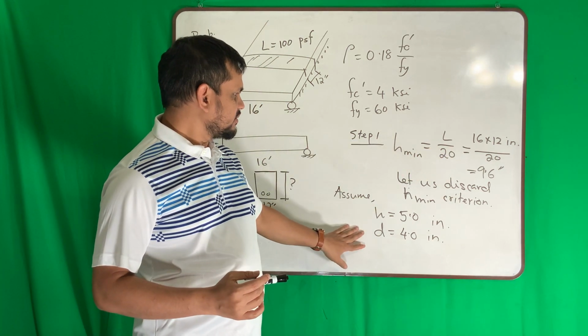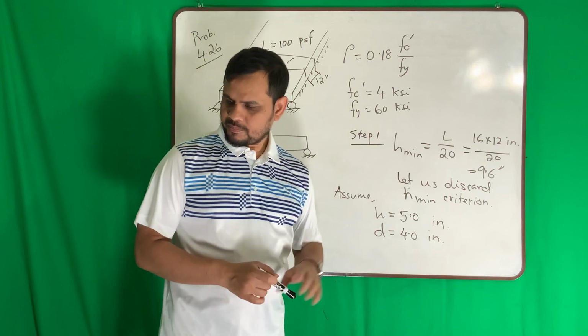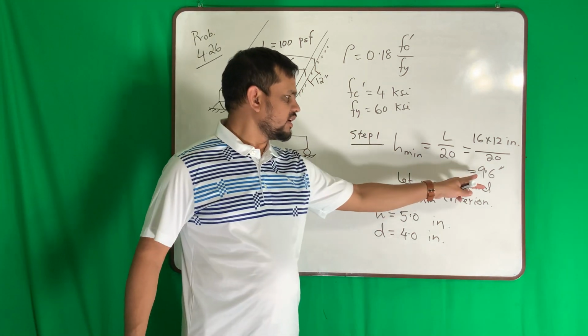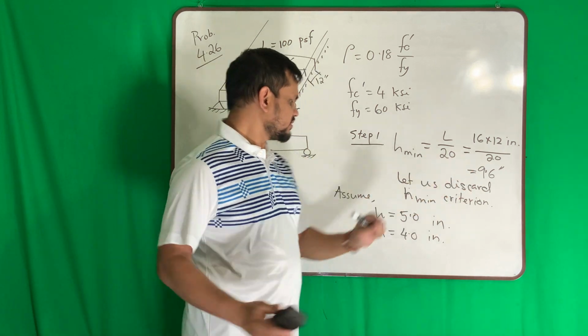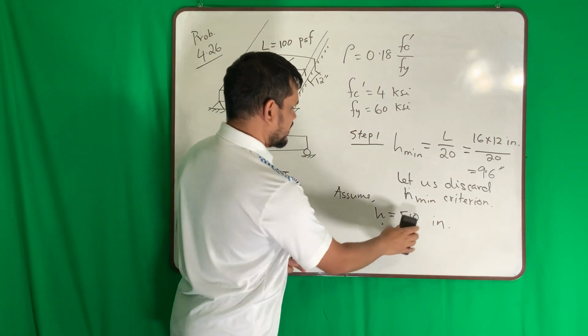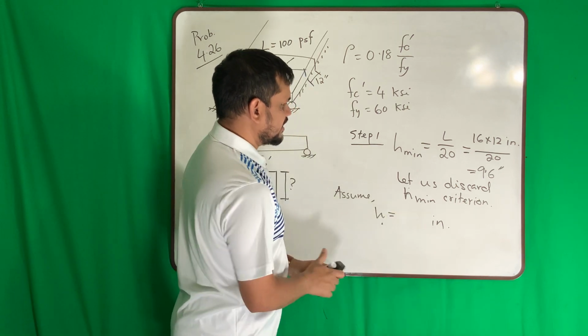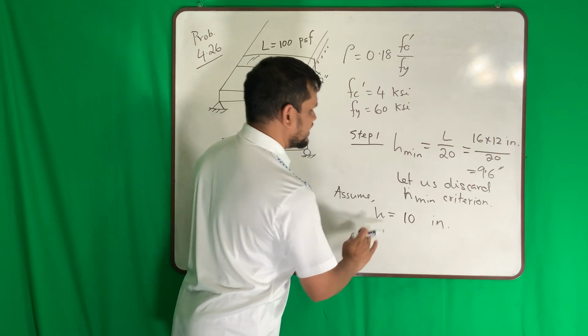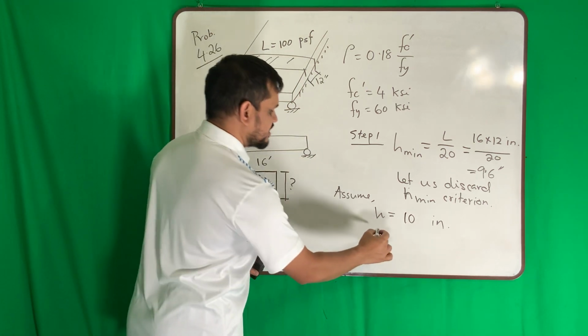Or maybe you will like to do this. So I will assume h is 9.6, so I will assume h is 10 inch. And what is my d?